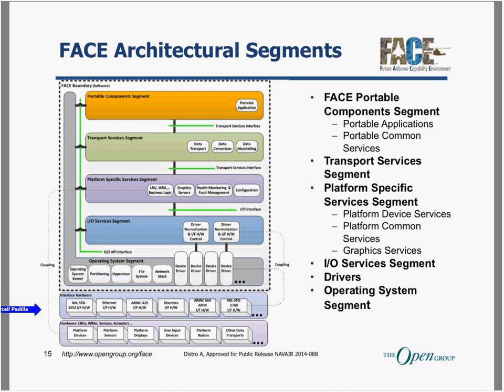The point here is that if I have one manufacturer of a standard 1553 card, and another manufacturer, they may implement the standard slightly differently, and because of that, the outputs will not be quite the same. So the purpose of the I/O service is to take that proprietary implementation and normalize it so the data is passed through the output interface in a normalized fashion.